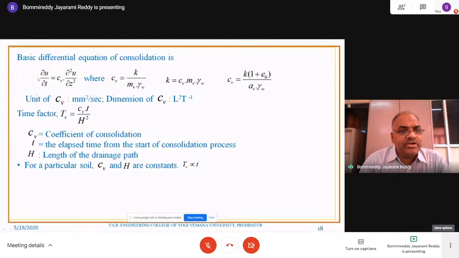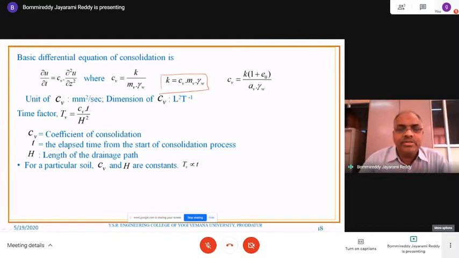By solving this differential equation, you will get Cv = K/(Mv γw). Otherwise, remember this equation in this form.